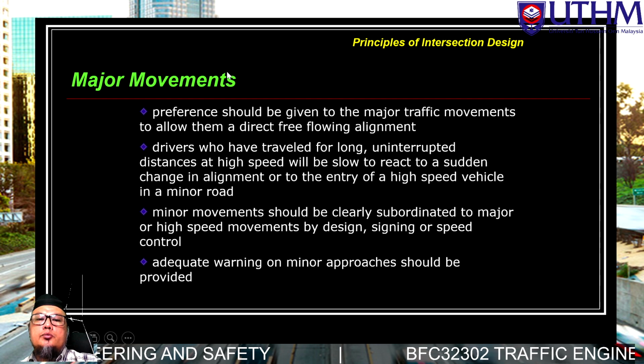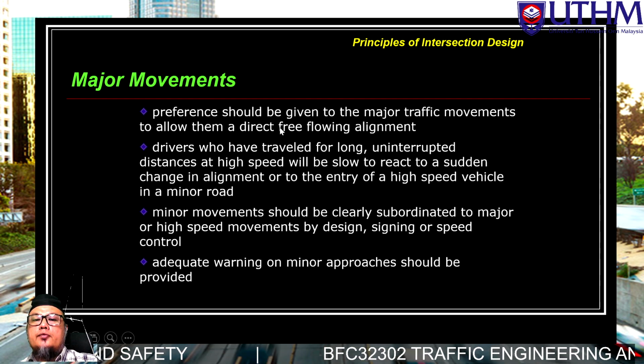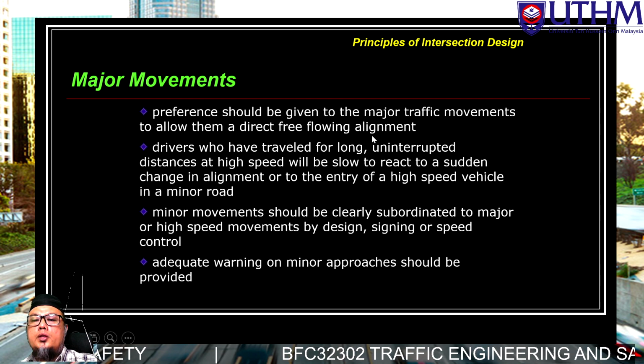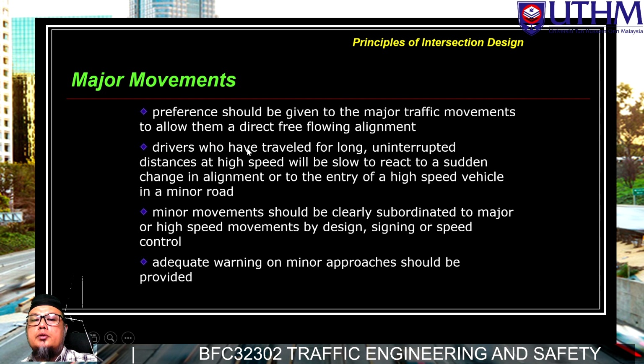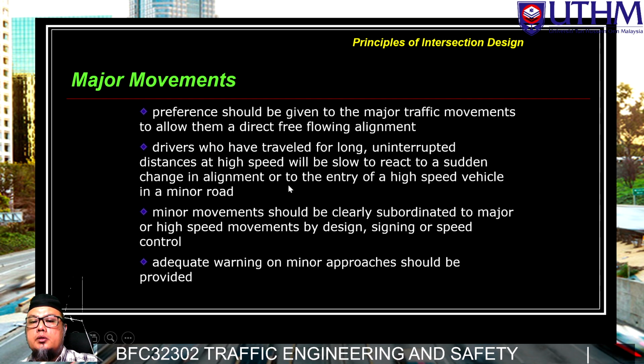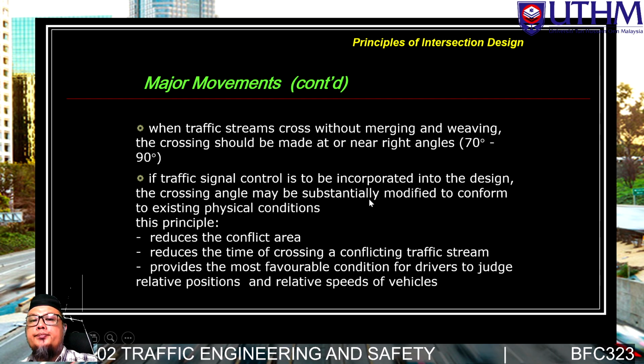Okay, major movement preference should be given to the major movement. Allow traffic to flow directly following the alignment. Drivers who travel long uninterrupted distances at high speed will be slow to react to sudden changes of alignment due to the high speed of the vehicle.